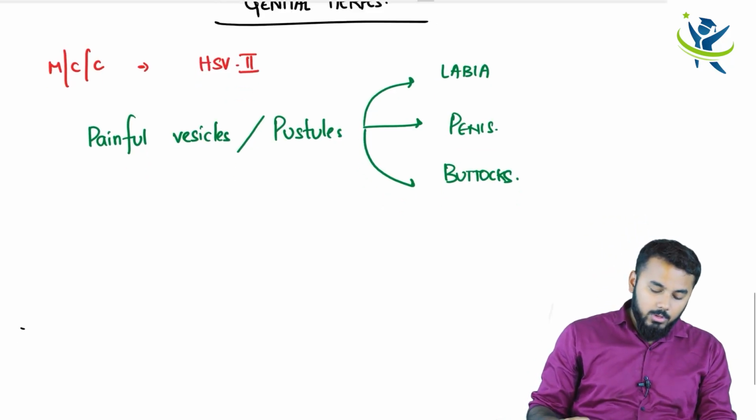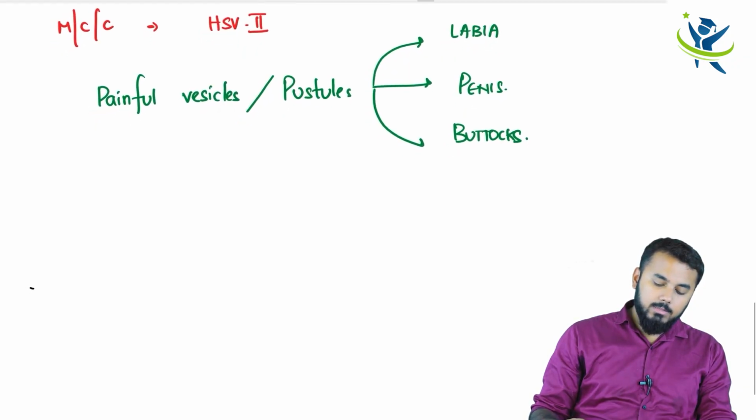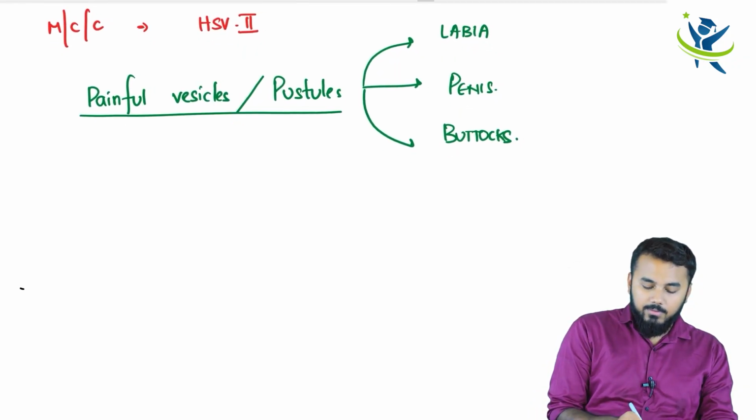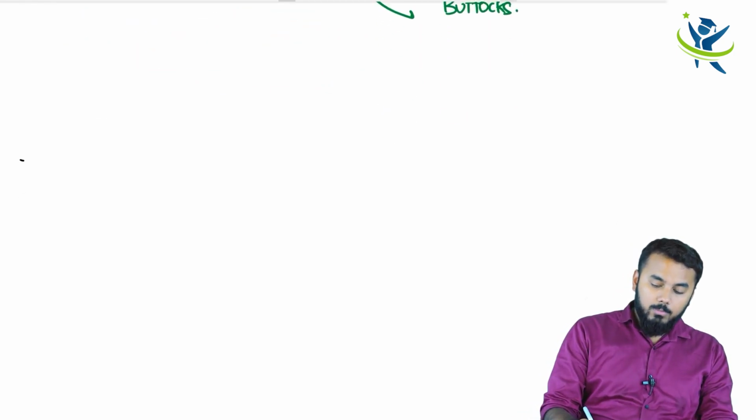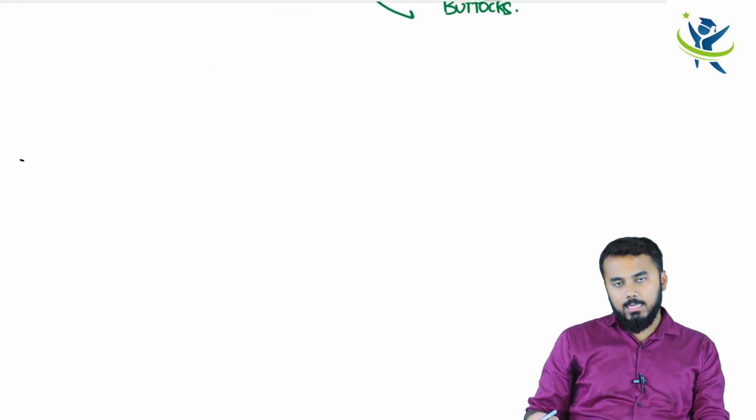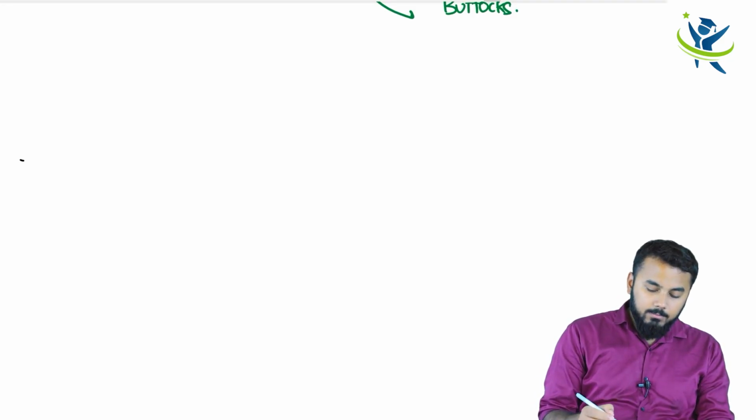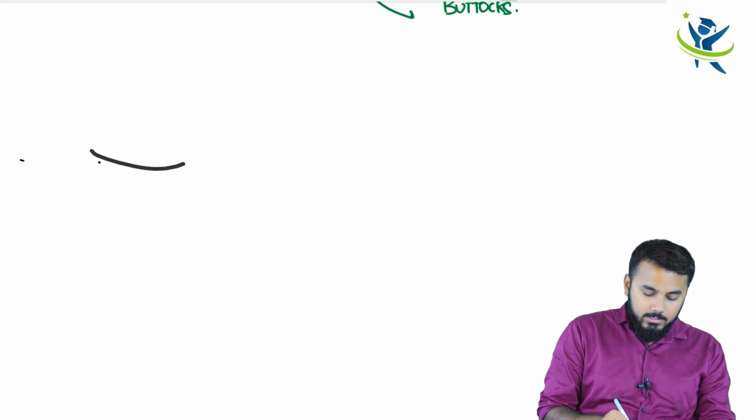Now, normally these painful vesicles and pustules are the primary infection which is happening. But HSV-2, normally where does it sleep? Where does it reside? For example, let us say this is the spinal cord.